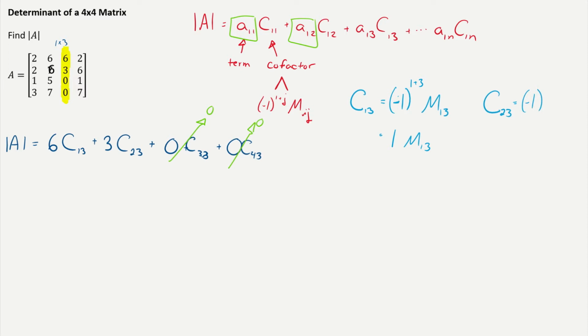That's -1 to the 2 plus 3 power times the minor 2, 3, which this time is -1 times minor 2, 3. So what does that look like in our formula? It's 6 times 1 times M13 plus 3 times -1 times M23, which creates 6 times the minor of 1, 3 minus 3 times the minor of 2, 3.